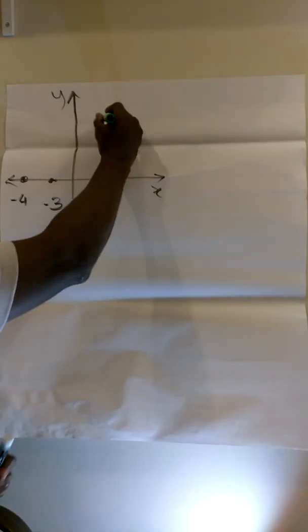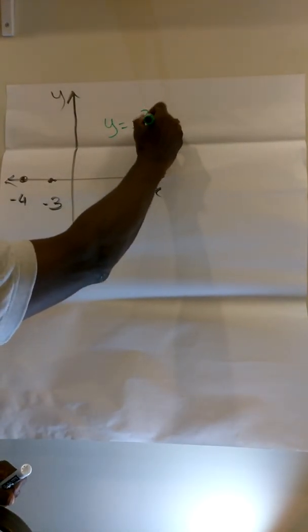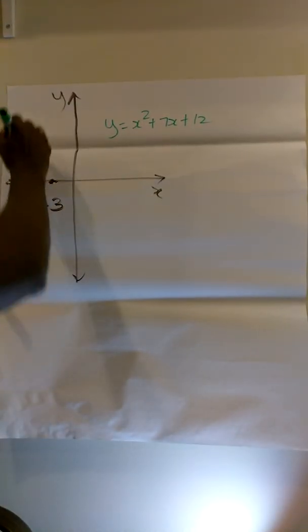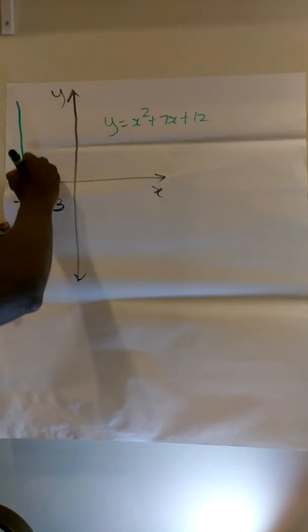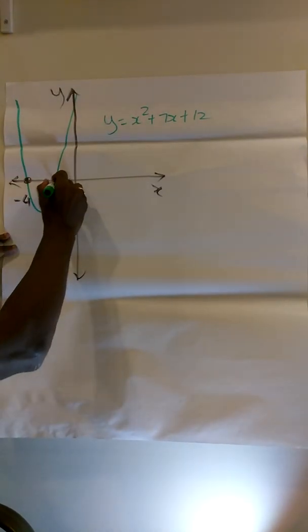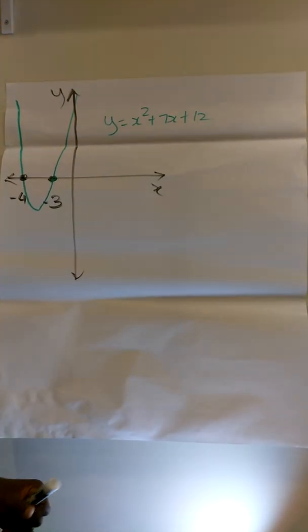We know the graph of the equation is y equals x squared plus 7x plus 12. So my a is 1, so my graph is going to open upwards. It's going to look something like that, pass through, and go back up like that. So my two zeros are at negative 4 and negative 3.